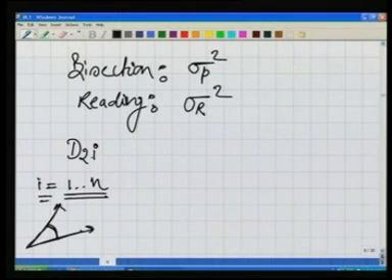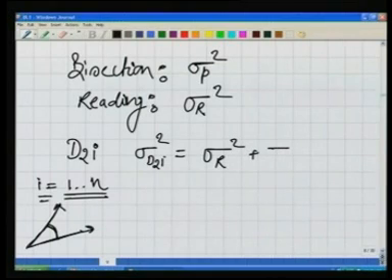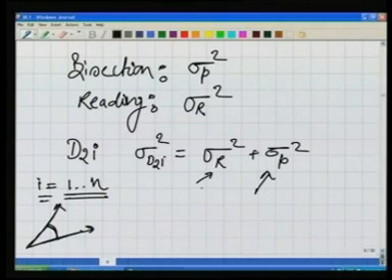Now in any single foresight, the standard deviation of the error of D2i can be written as sigma r square plus sigma p square, because these two are the sources of error in taking the foresight.